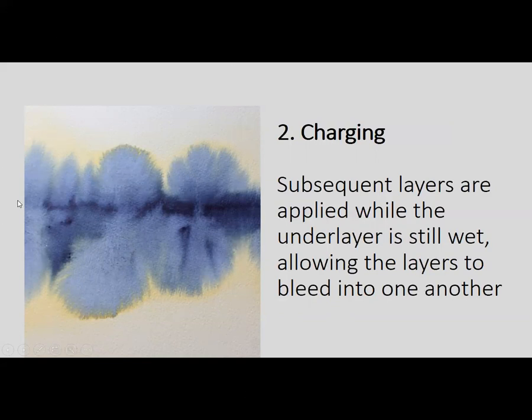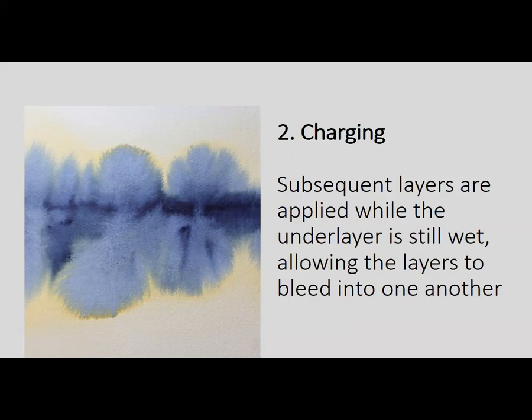Then they followed that up by wetting this bluish paint, and they let the bluish paint bleed into the wet yellow paint. This is hard to control sometimes, but you can figure it out.